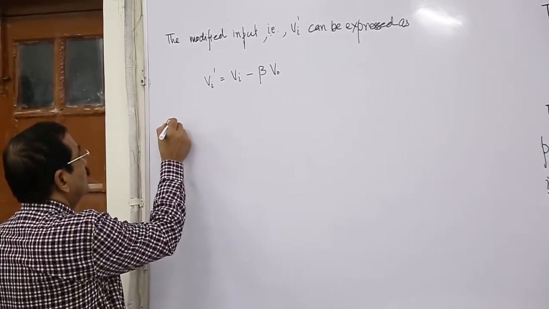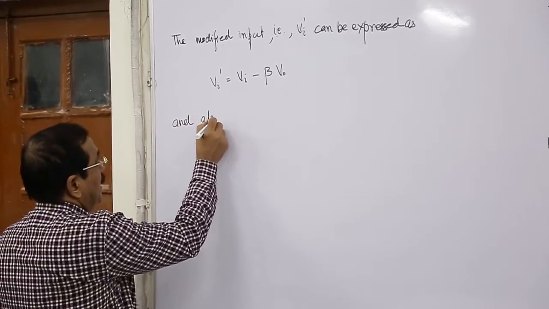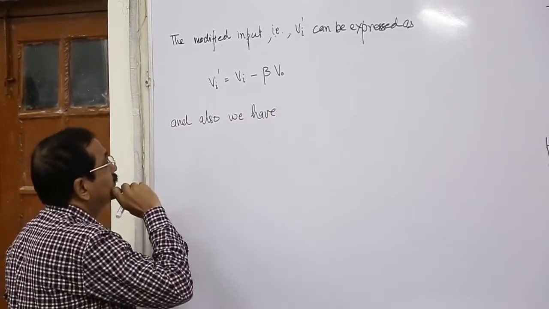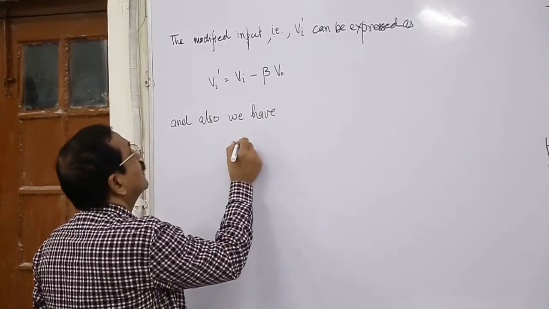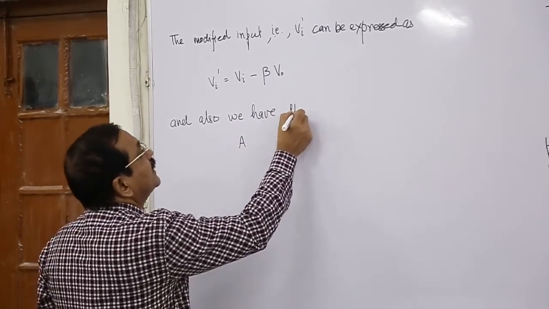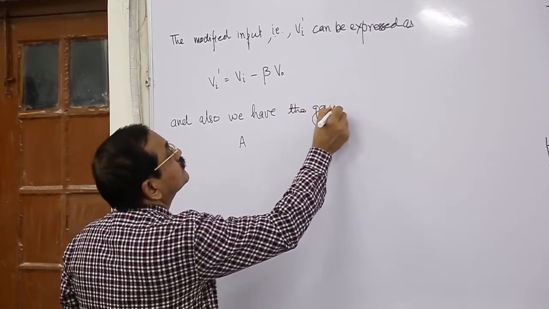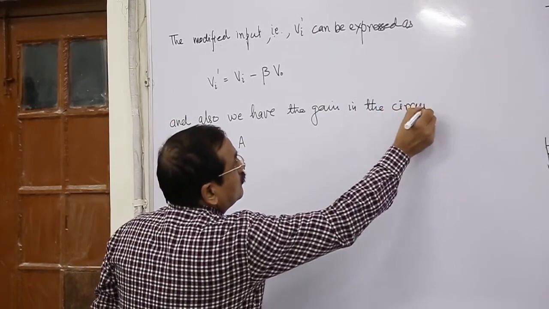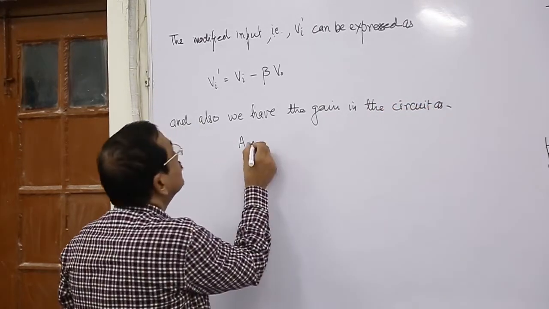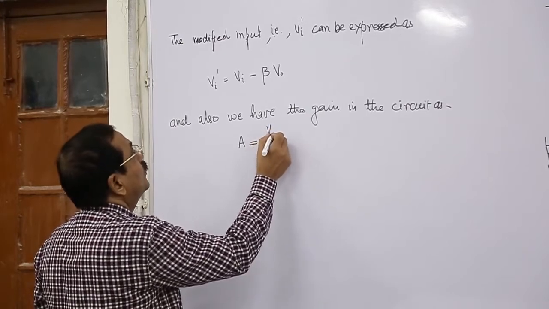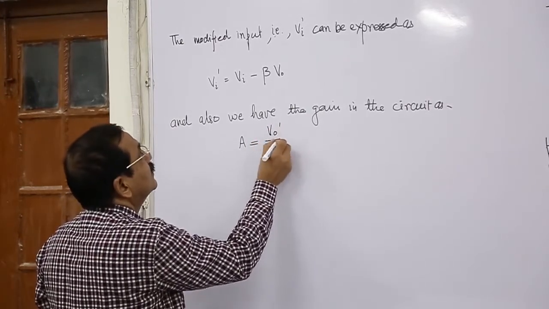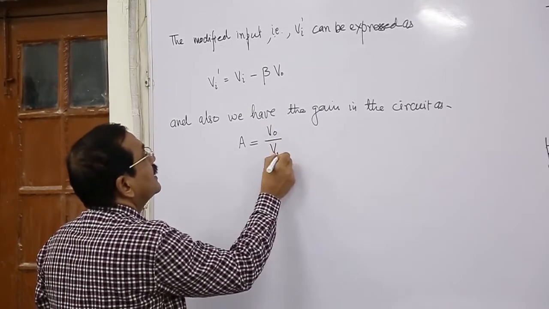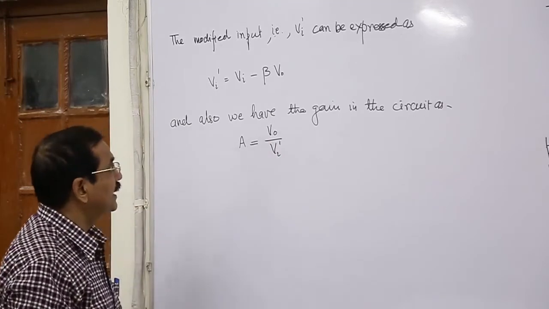And also we have the gain A in the circuit, this gain is V0 upon Vi.